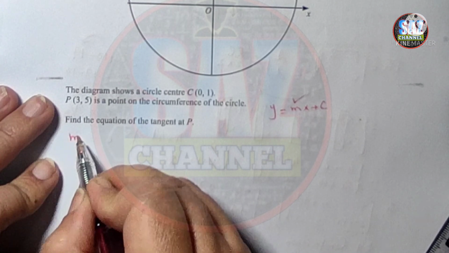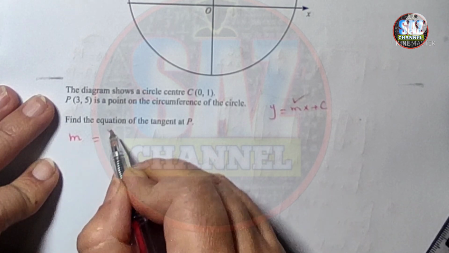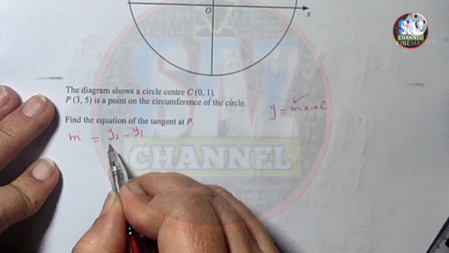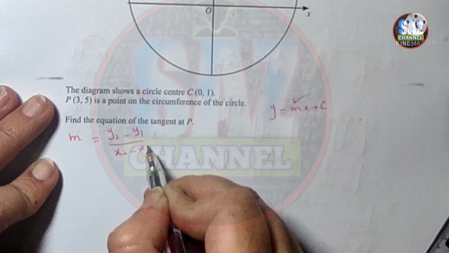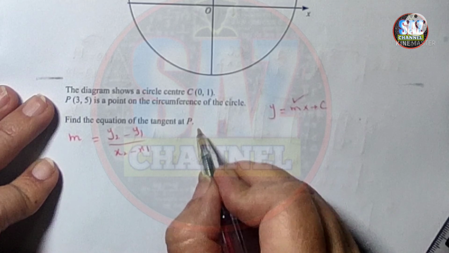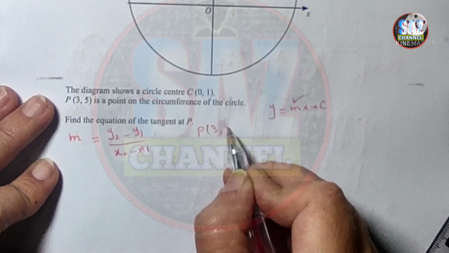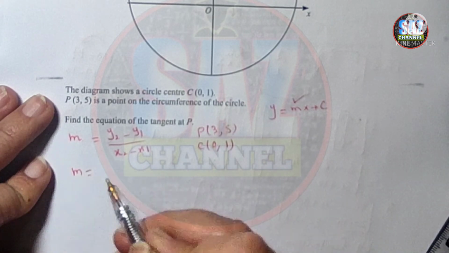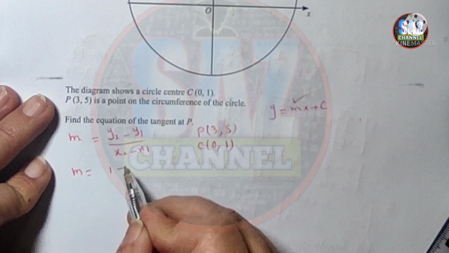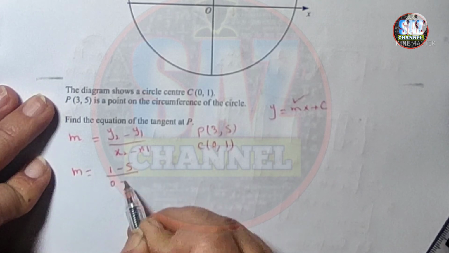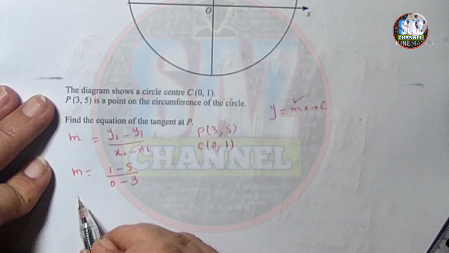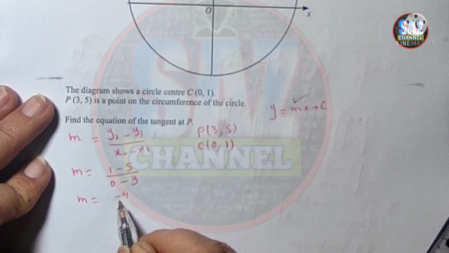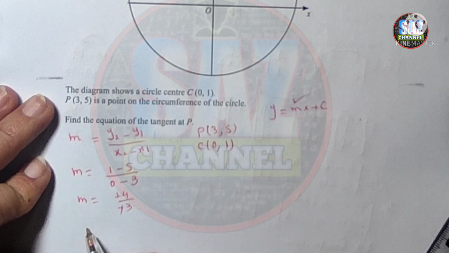So the gradient m will be equal to y2 minus y1 upon x2 minus x1. Now P has the value 3, 5, and C has the value 0, 1. Y2 minus y1, 1 minus 5, upon 0 minus 3, which is equal to minus 4 by minus 3, so the gradient is 4 by 3.